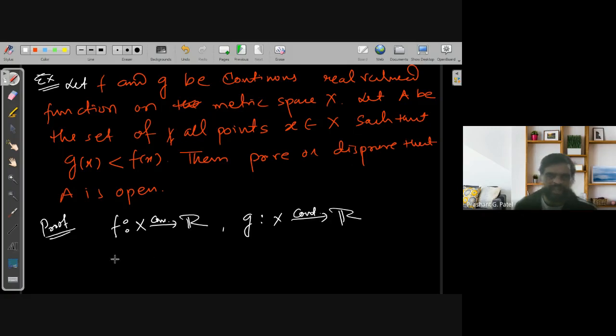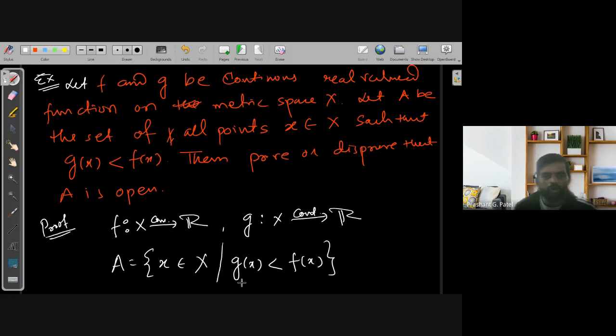The set A is the set of all points x belongs to X such that g(x) is less than f(x).